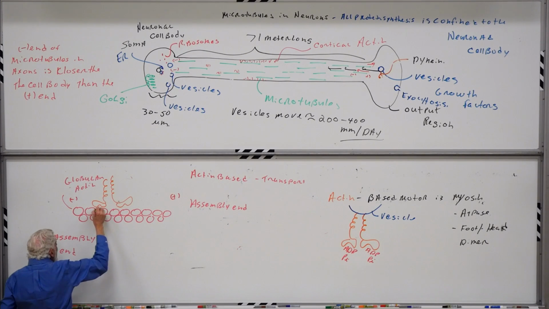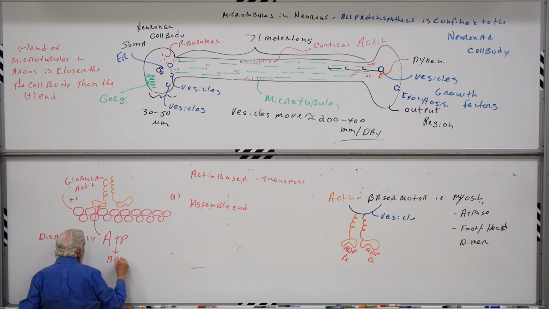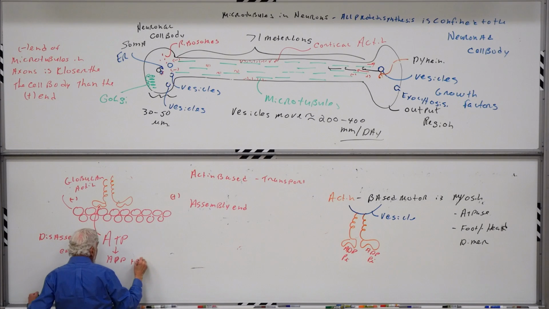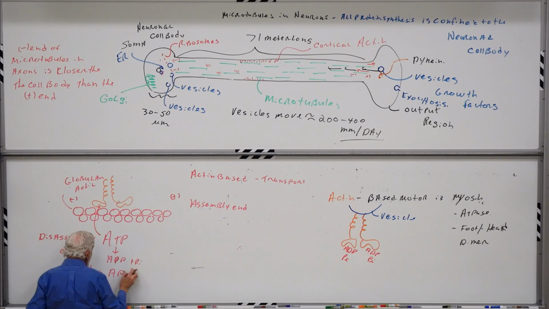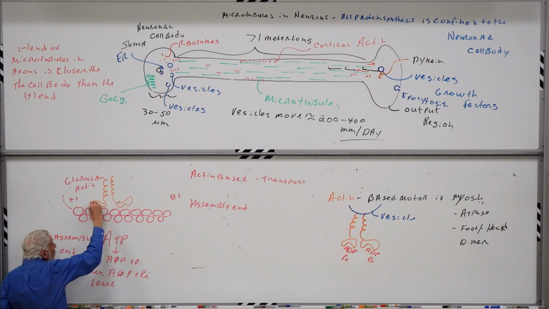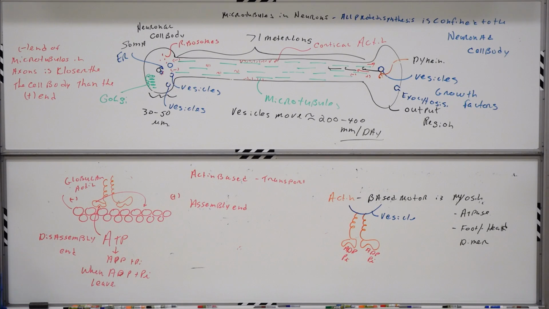When this region of the molecule binds ATP, and it converts it to ADP and Pi, when ADP and Pi leave, then this molecule will step toward the plus end.